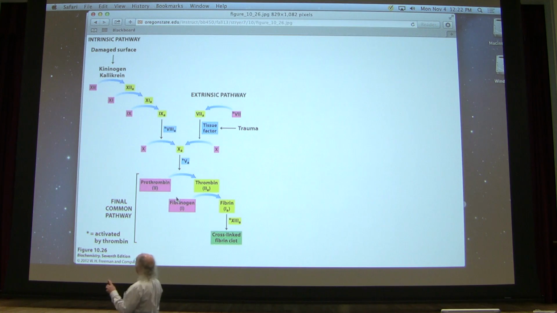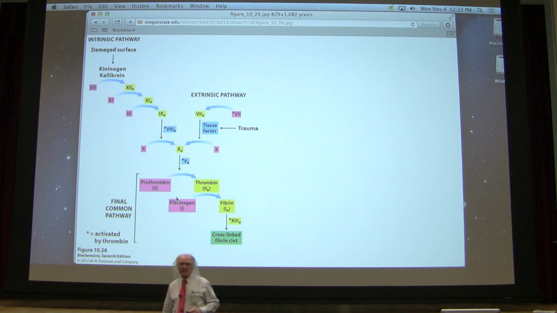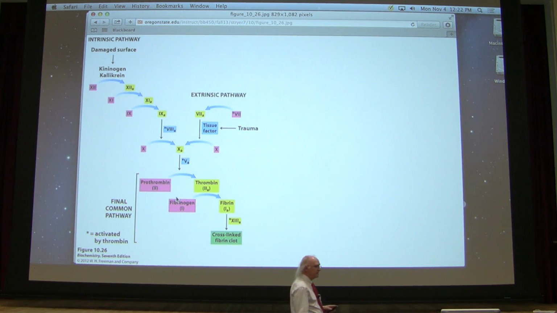Well, if we start at the very top up here, we see that there's a cascade that happens. We can actually activate the clotting process by two different pathways, and I'm not going to talk about what they are, but two different pathways can lead ultimately to a blood clot. And interestingly, the two pathways converge at a point, meaning I could start over here and make a clot, I could start over here and make a clot, or I could start at both and make a clot.